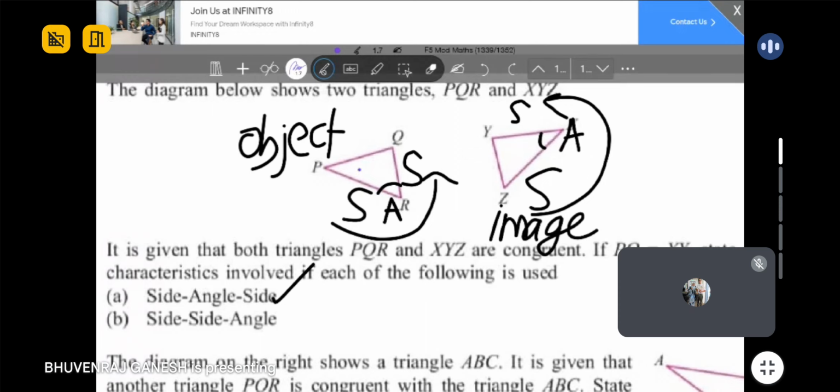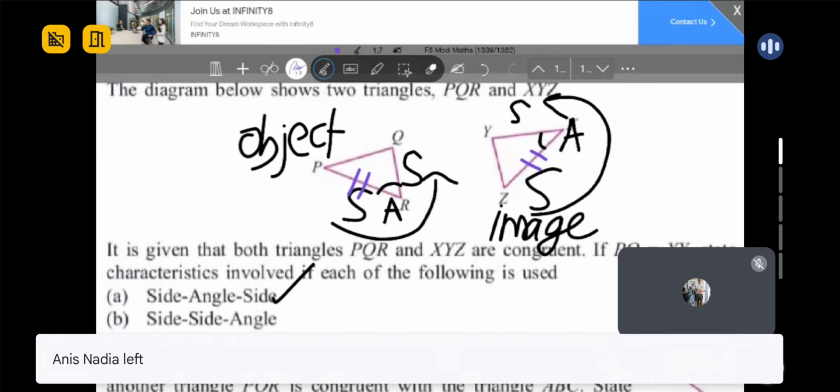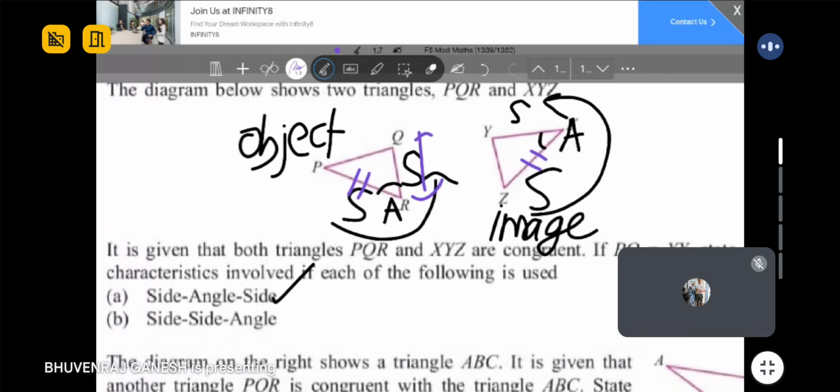Okay, PR sama dengan ZY. Yang ni kita tahu. Okay, so kalau kamu kata PRQ sama dengan ZXY kan, kamu kena cek yang ni. QR, kamu bandingkan dengan yang ni. YK. Sebab sudut kat situ sama kan, kamu kata.